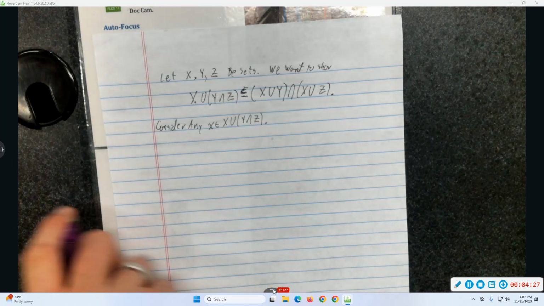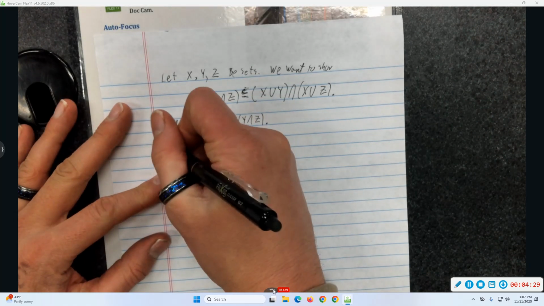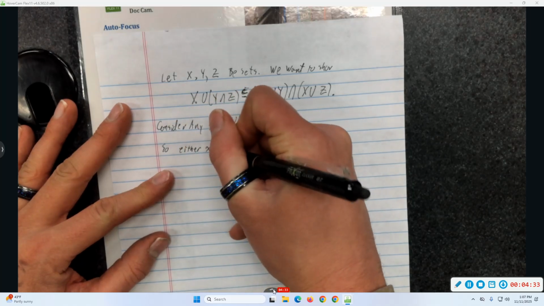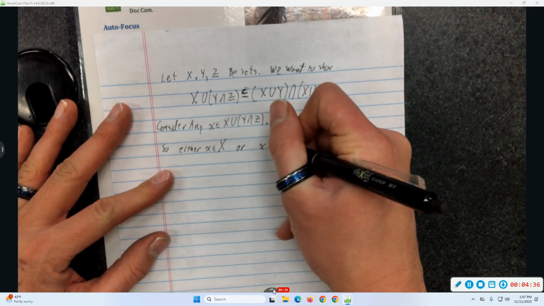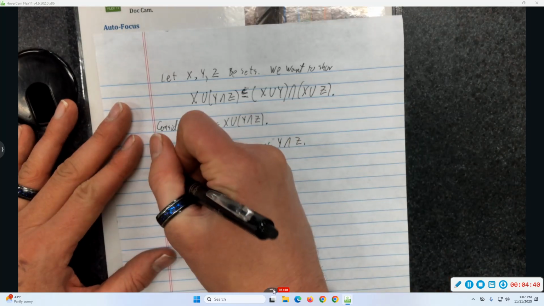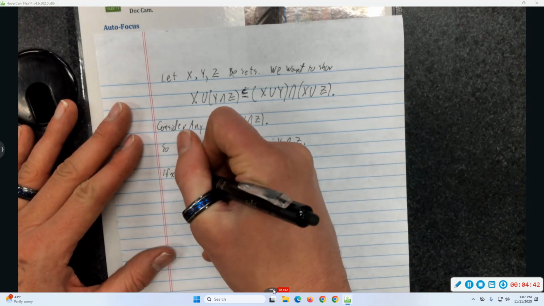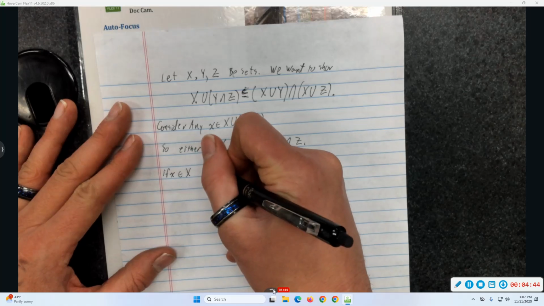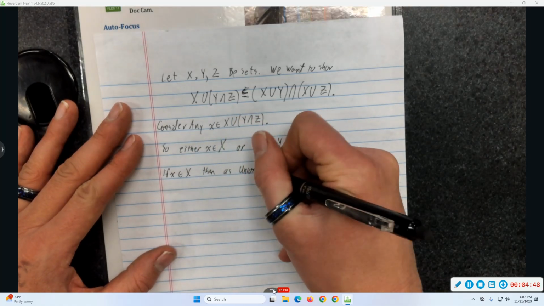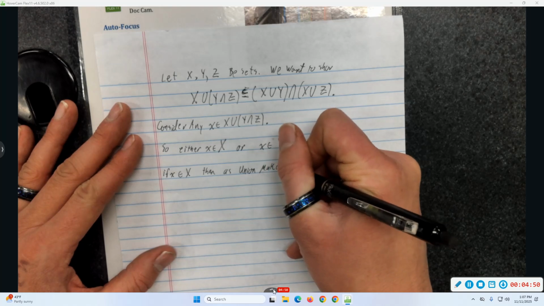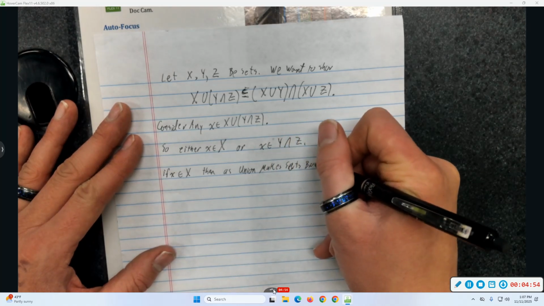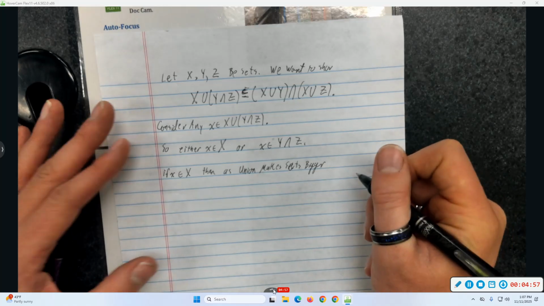We'll consider any x in there. So, either x is in the set X or x is in the set Y intersect Z. If x is in X, then, what do I really mean by that?